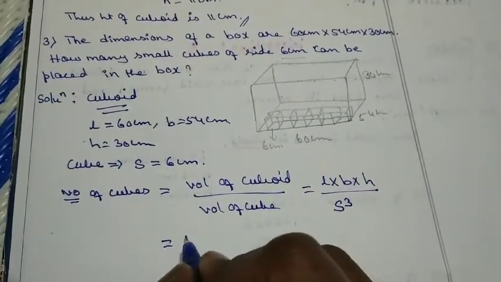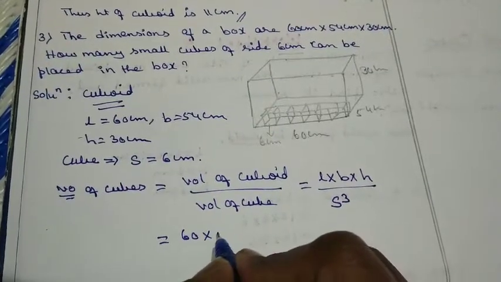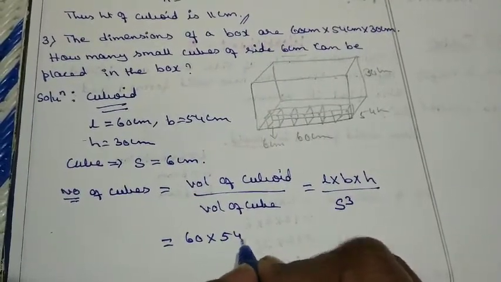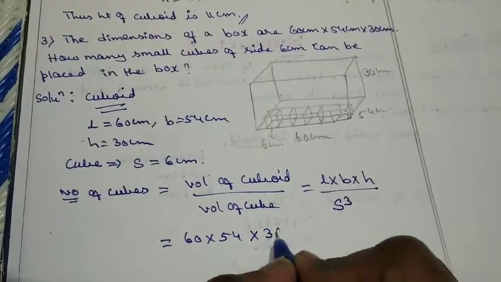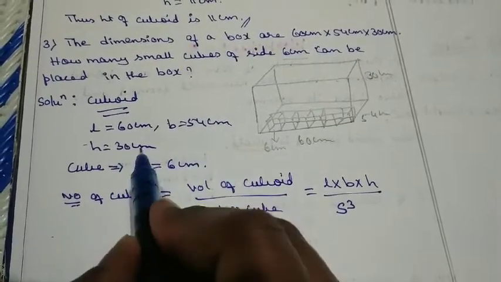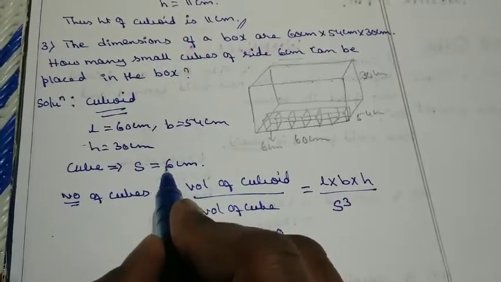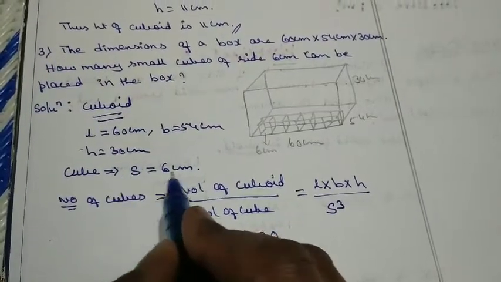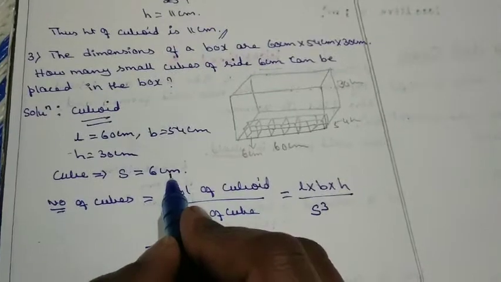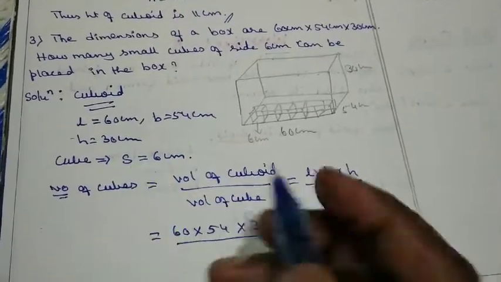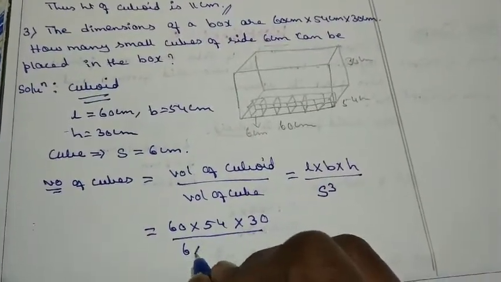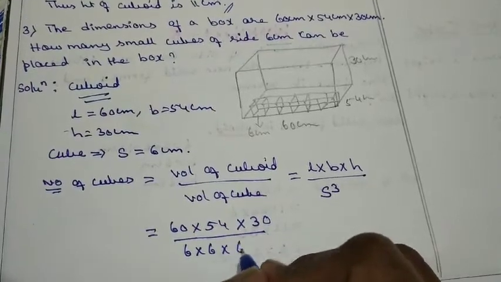L value is 60, B value is 54 and the H value is 30, and check all the units are the same. Even the side of the cube must be in the same unit as the cuboid. Therefore here it is the same, so you can write 6 into 6 into 6.